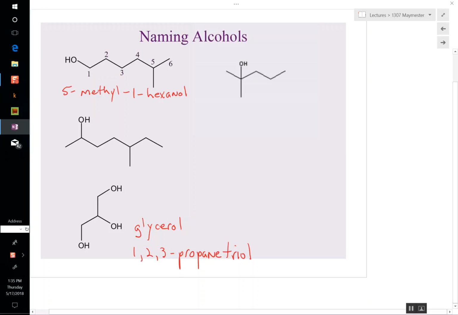Okay, the one underneath it. So there's 1, 2, 3, 4, 5, 6, 7. So it's 5-methyl, 2 what? Heptanol.